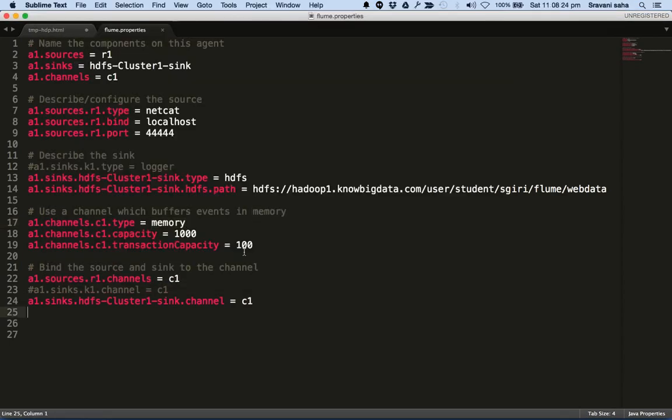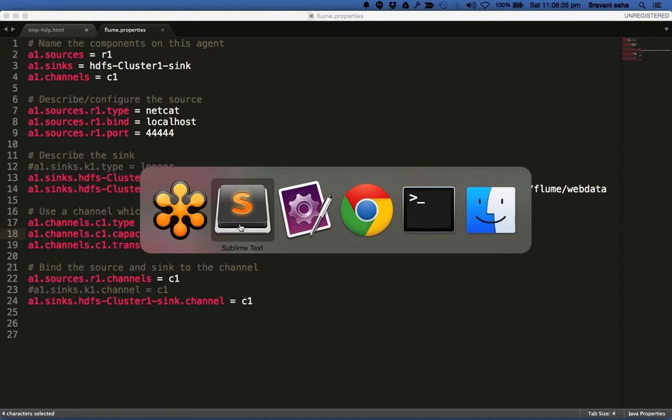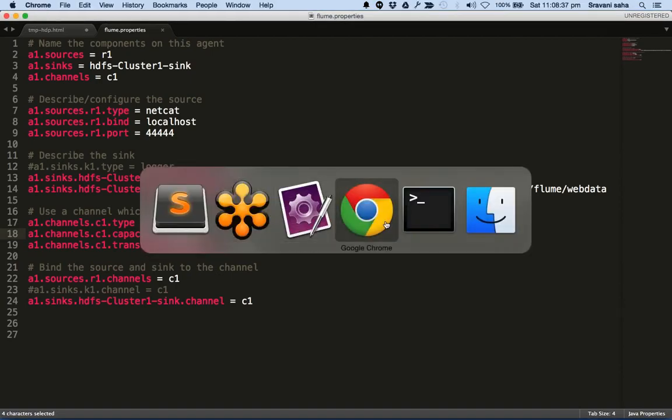Okay, good. So transaction capacity is 100, right? Or let's talk about the capacity first. All right, good question.